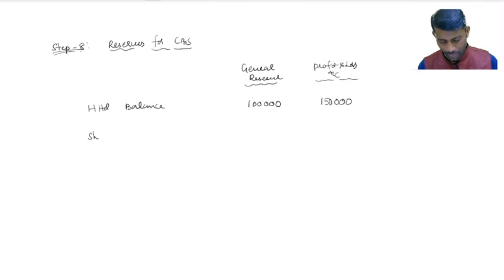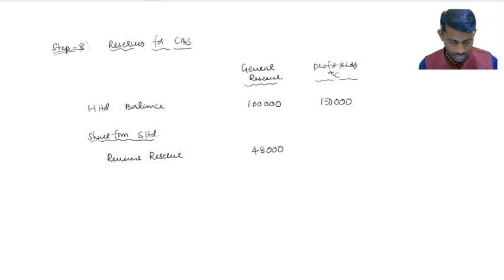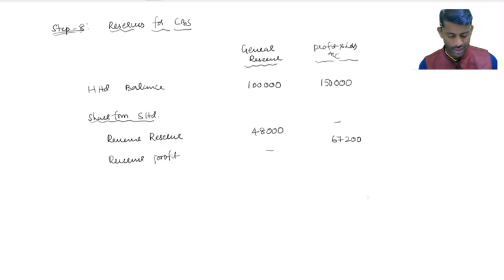Now share from S Limited, which is a subsidiary: revenue reserve 48,000 and revenue profit 67,200. So this is over.